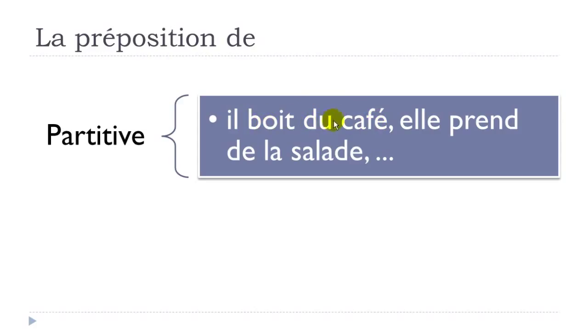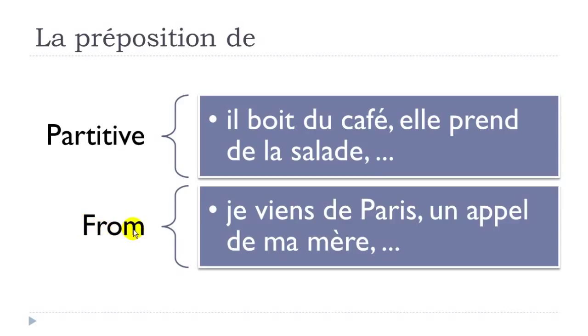Second example, elle prend de la salade. Okay, prendre is to take, de la salade, some salad. So elle prend de la salade. First use of this preposition de, it's this partitive concept.